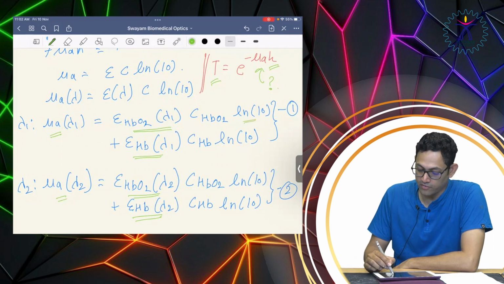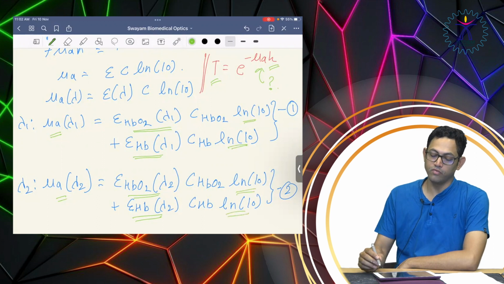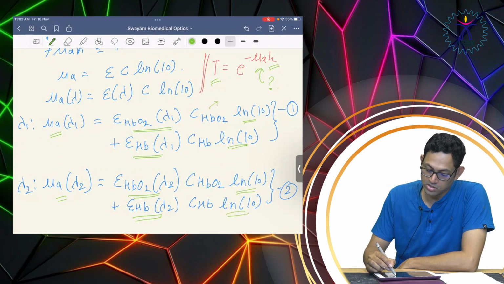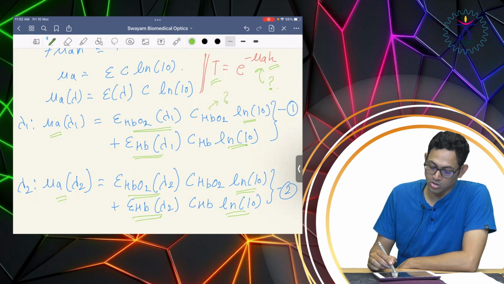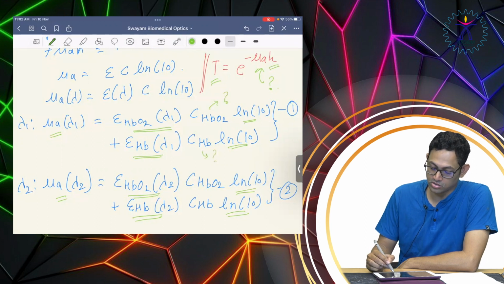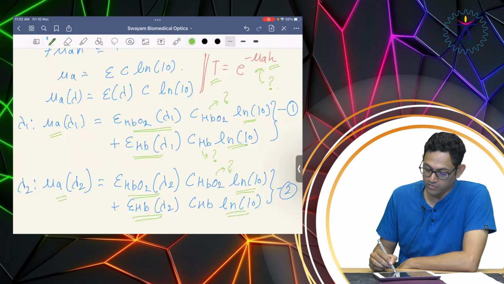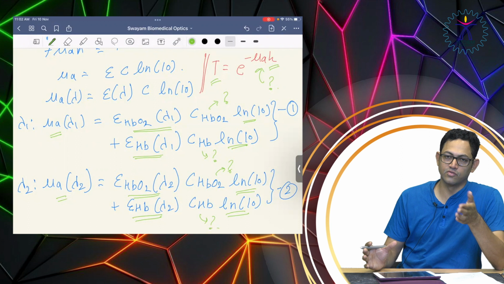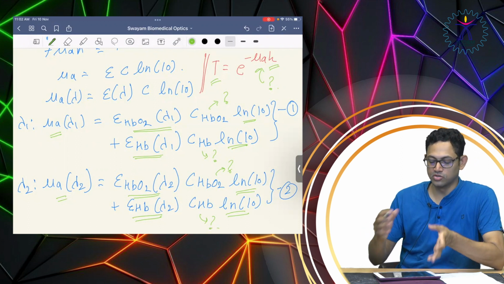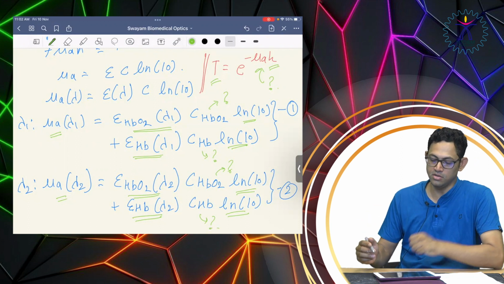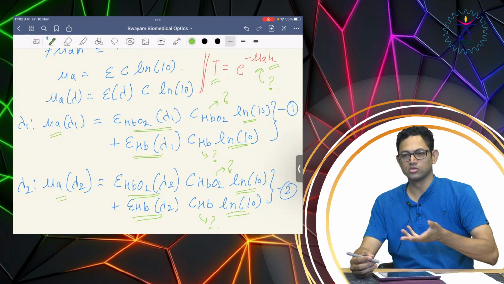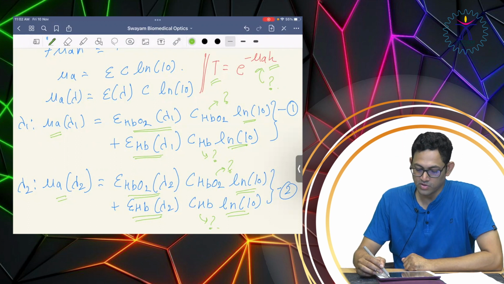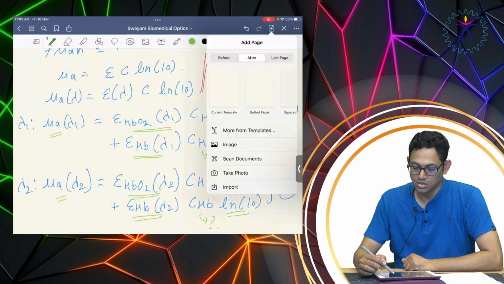This is just a scalar value, so we definitely know this. What we don't know is the concentration of oxygenated and deoxygenated hemoglobin. So we have the classical case of two equations and two unknowns, and we solve this to find the concentrations. From this we can also calculate the oxygen saturation.